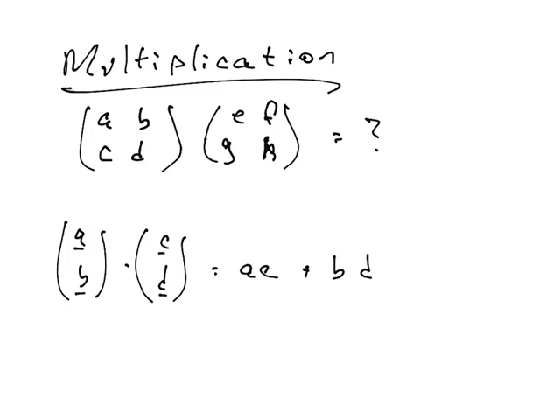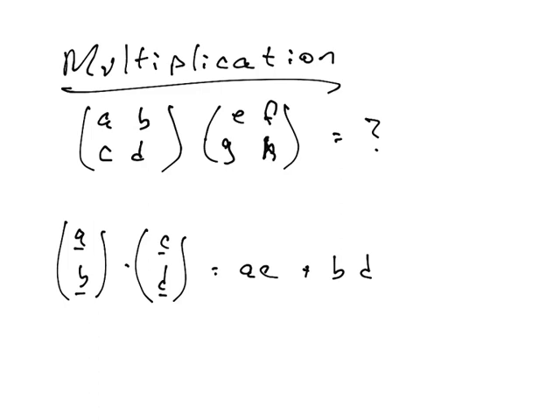But is this true for multiplication of matrices? A matrix is something different than a vector. If I want to multiply these two matrices, is it just this simple? Well, it turns out no. Of course, it also depends on what kind of multiplication we're talking about. But for the multiplication we're generally going to be using, it's a little bit more complicated than this.